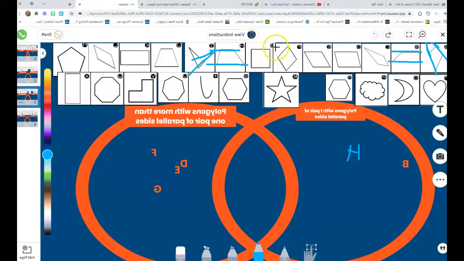This one? Do we see any parallel sides? No, okay. J? One pair, good. The top and the bottom. K? More. L?